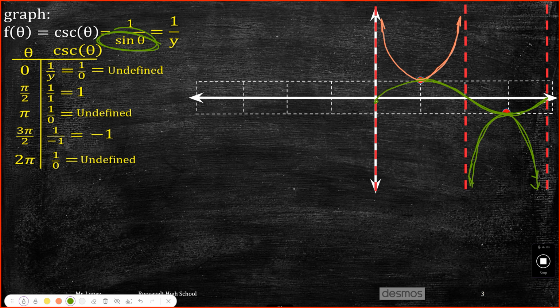I can't do it, but it's going to keep going like this. At this point, it's going to go like this, and then at this point, it's going to turn around like this. I'm telling you, this is not really part of it. That's the graph right there.